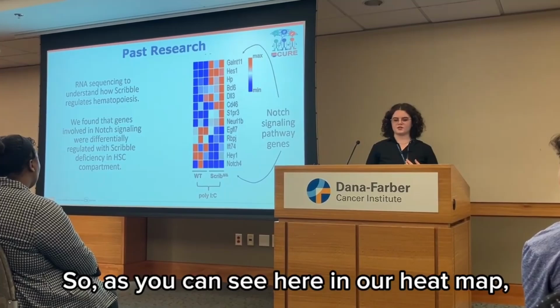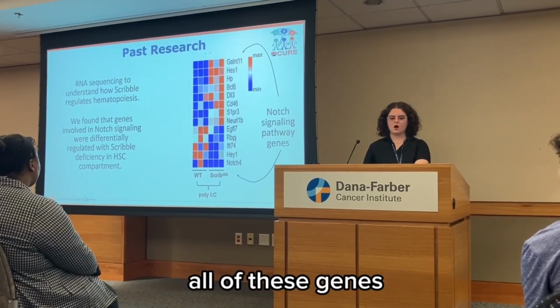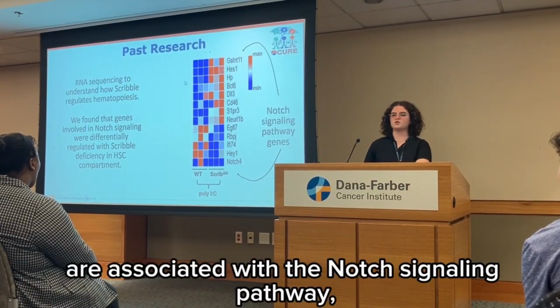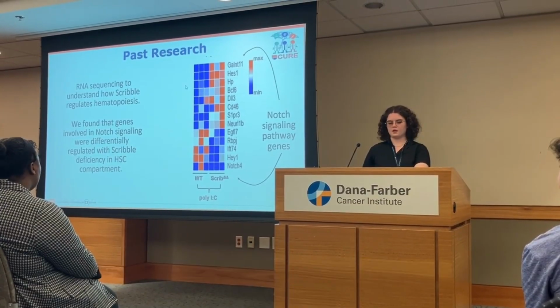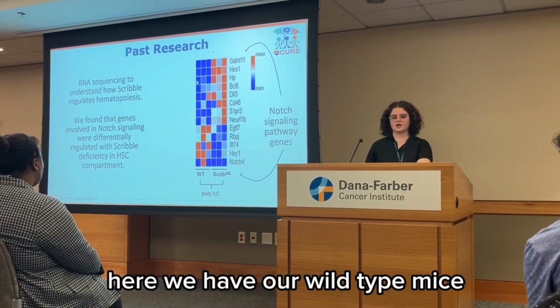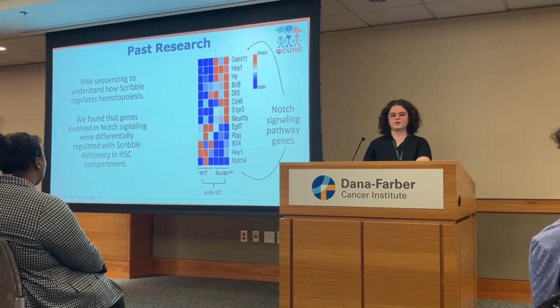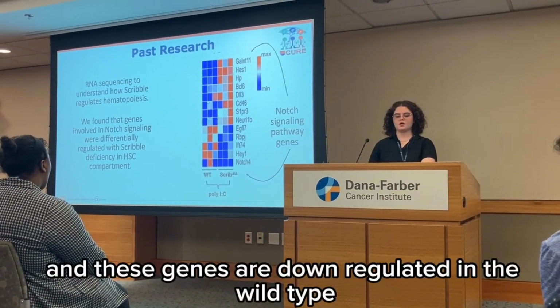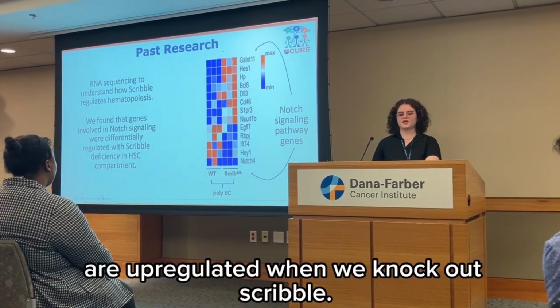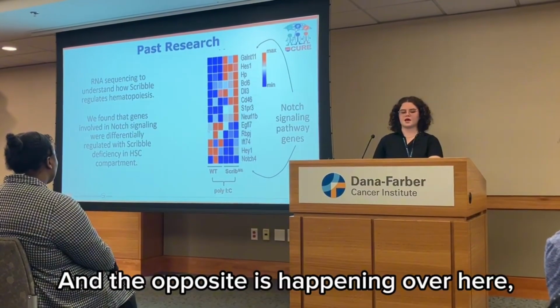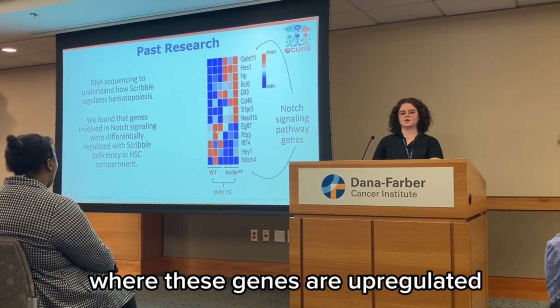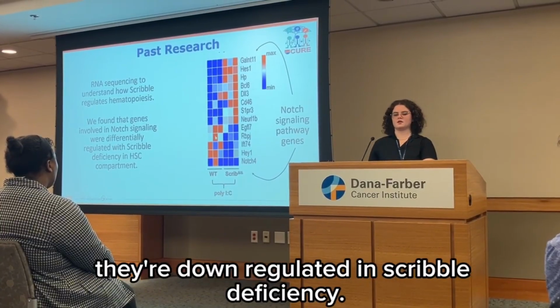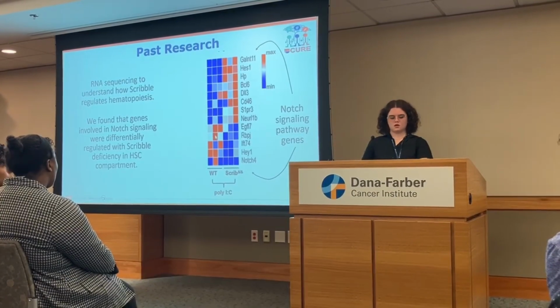So as you can see here in our heat map, all of these genes are associated with the Notch signaling pathway. Here we have our wild type mice, and these genes are downregulated in the wild type. But these same genes are upregulated when we knock out scribble. And the opposite is happening over here, where these genes are upregulated, they're downregulated in scribble deficiency.